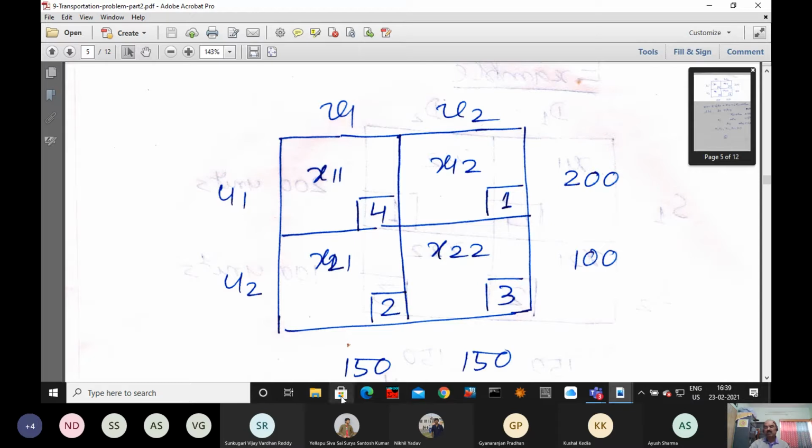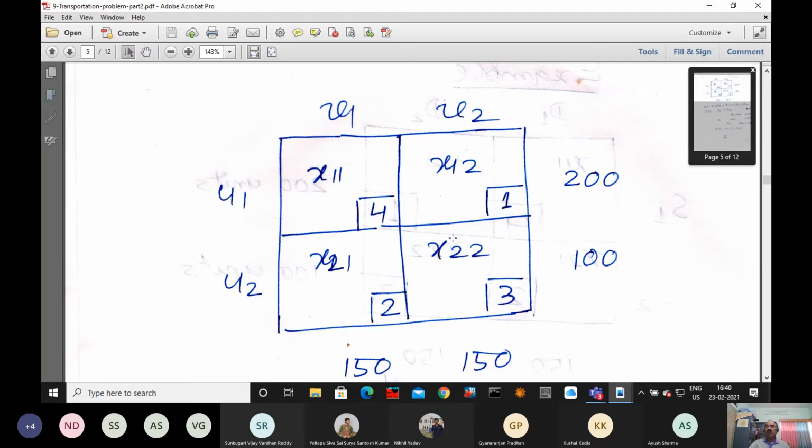Now, what is left out? The second column only. In the second column, the X11 cell is already filled. So what is the northwest corner now? The northwest corner is now X12. So we have to allot the minimum of 50 left out and 150.